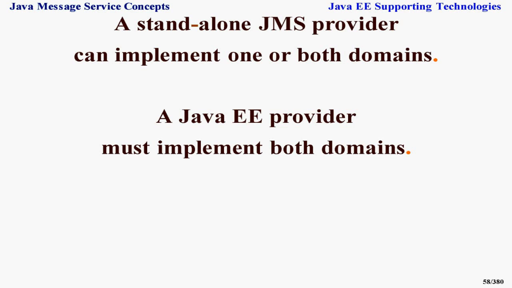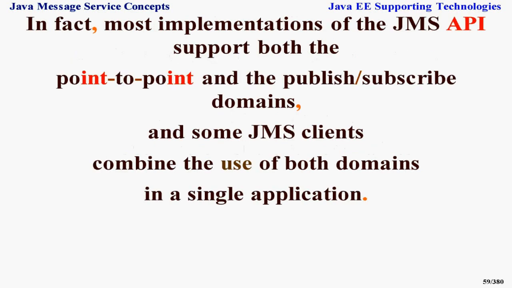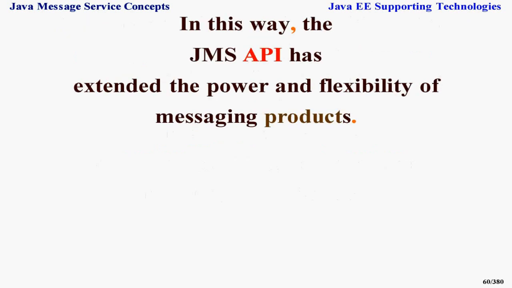A Java EE provider must implement both domains. In fact, most implementations of the JMS API support both the point-to-point and the publish-subscribe domains, and some JMS clients combine the use of both domains in a single application. In this way, the JMS API has extended the power and flexibility of messaging products.